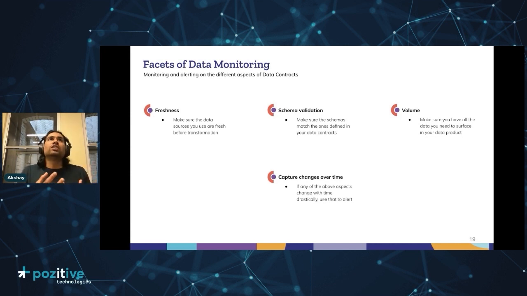You don't want to run your pipeline on top of that, because then it's just going to waste any sort of compute or any other resources that you're using, right? So having monitoring on your sources to detect that they have been refreshed before you run your pipeline can help you save some of those resources.